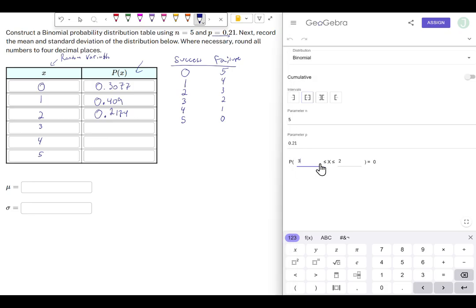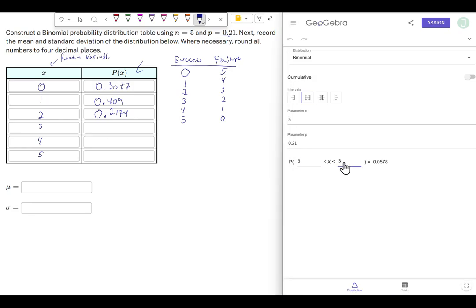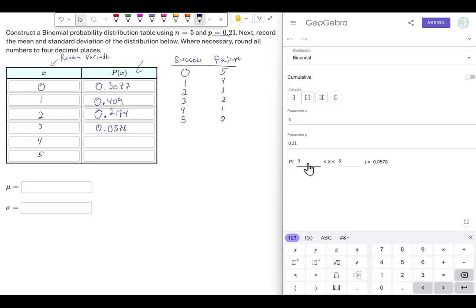I think you get the hang of this. 0.0578. And then we could go to 4 and 4. 0.0077. And then 5 and 5. So a little tedious here. 0.0004. So that's what we could fill in the table.